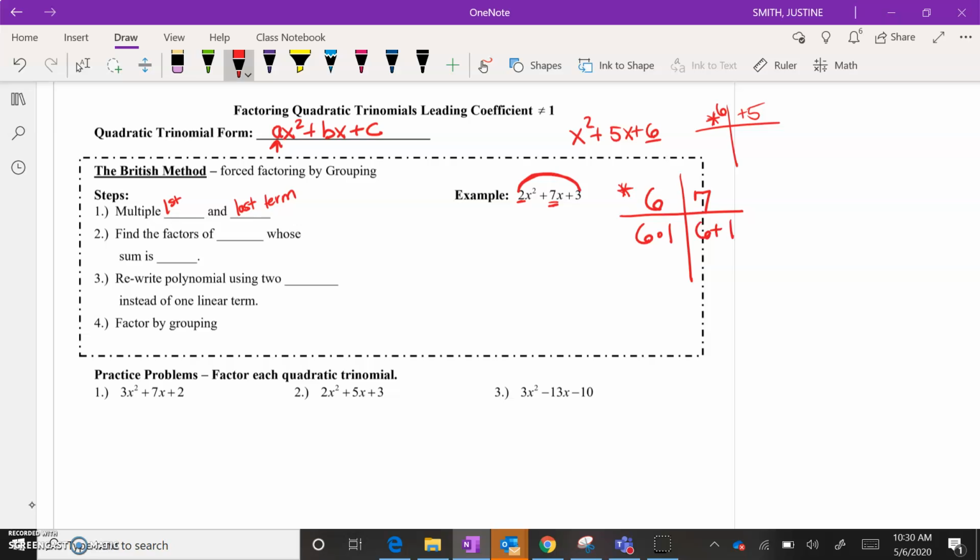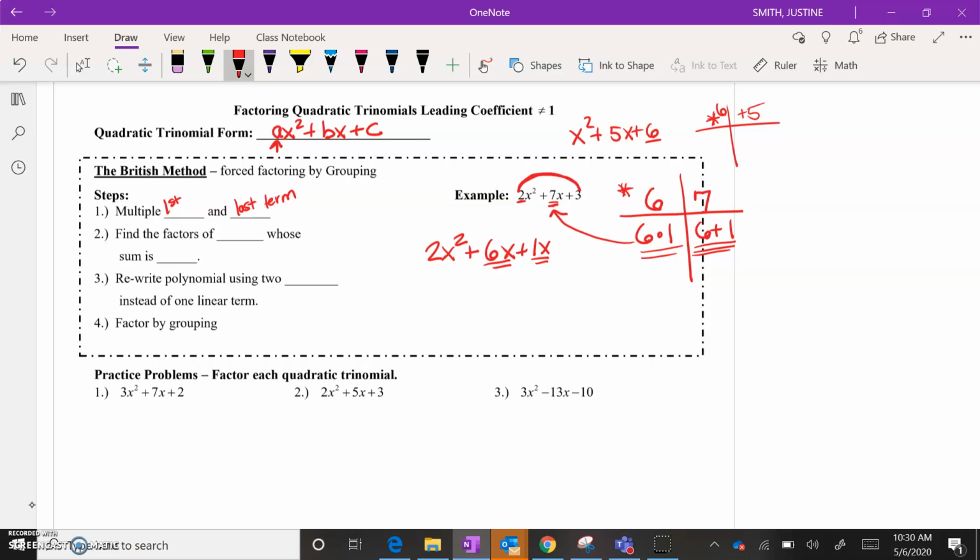So what I'm going to do with this now is take these two factors that we found and plug them in for my middle term. So I'm going to rewrite this as 2x squared plus, and then instead of writing 7x, I'm just going to write 6x plus 1x. So hopefully everybody agrees that 6x plus 1x is actually 7x, right?